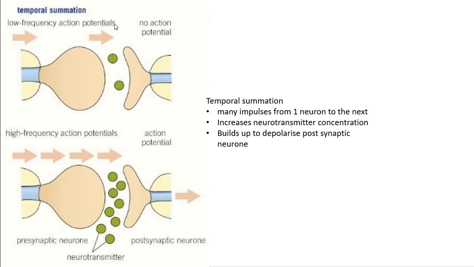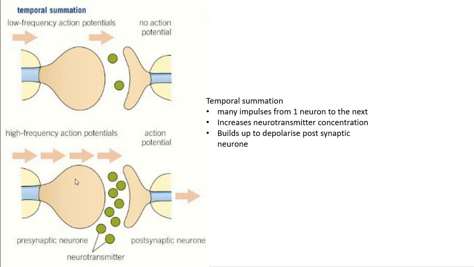Temporal summation is the frequency of the action potential. You might need a certain amount of stimulus to create enough neurotransmitter to open enough channels in the postsynaptic neuron to cause this action potential. In this case, we don't have enough, so we've got low frequency, so we've got no action potential. Whereas in this example, we've got high frequencies, we've got multiple action potentials that are coming along. That causes so much neurotransmitter to diffuse across the cleft, that then binds to the postsynaptic neuron, that causes an action potential.